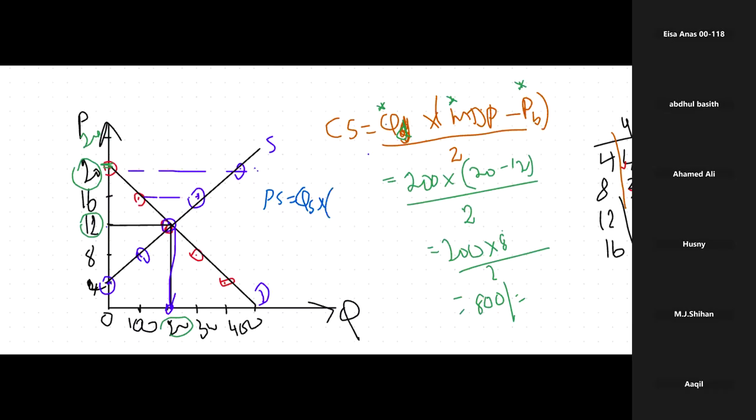Here consumer surplus uses QD, producer surplus uses QS. Consumer surplus is maximum demand price minus buyer's price. Producer surplus is seller's price minus minimum supply price, over 2.